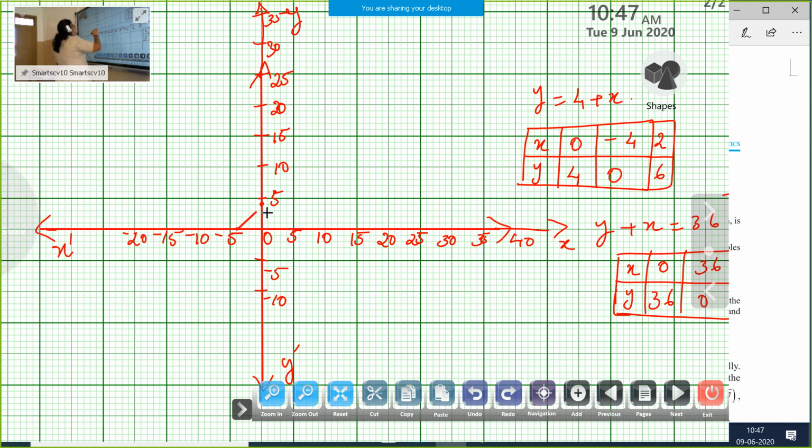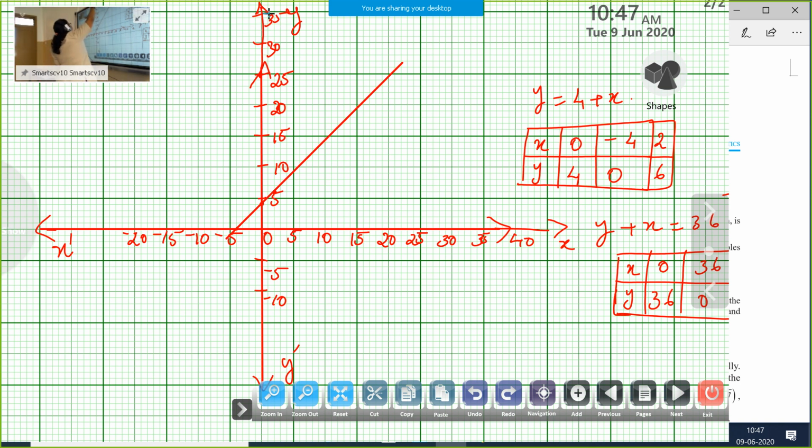Draw the graph. Okay. Next one, x is equal to 0, y equal to 36.